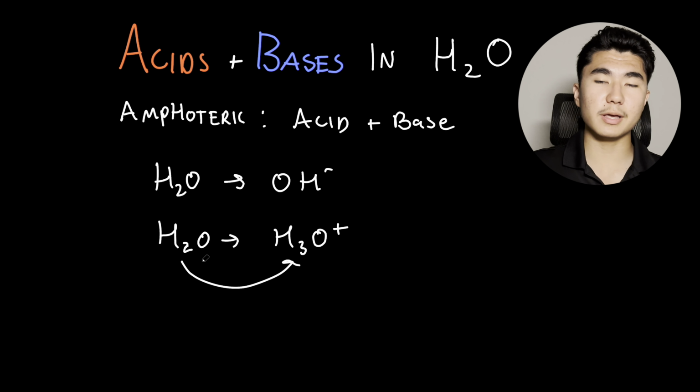Now, just as another reminder, pH depends on the amount of hydrogen ions in the solution. If we have more hydrogen ions, we have a lower pH. If we have a lower amount of hydrogen ions, we have a higher pH. So pH depends on these hydrogen ions, and one of the things you have to know is that pH plus pOH equals 14.